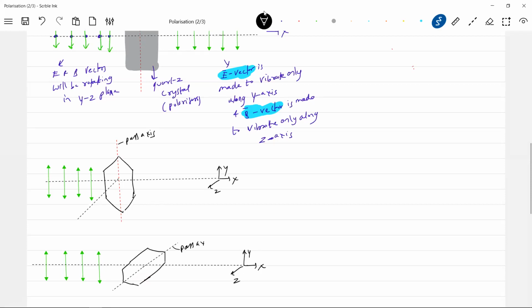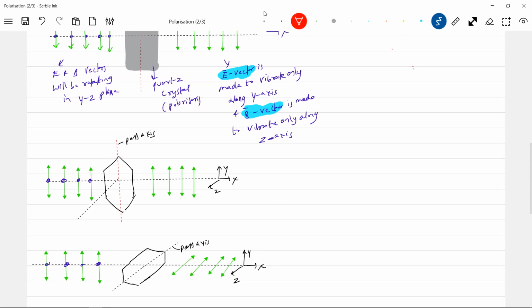So there's a pass axis. Unpolarized light. Okay, you see this.